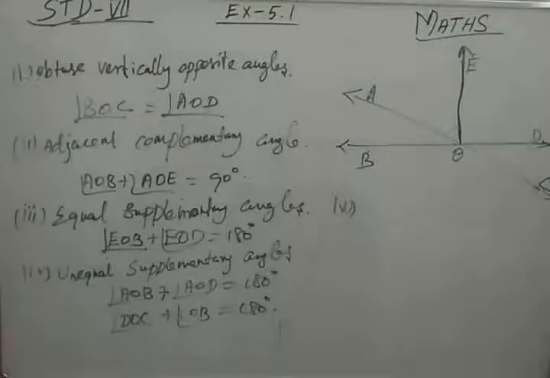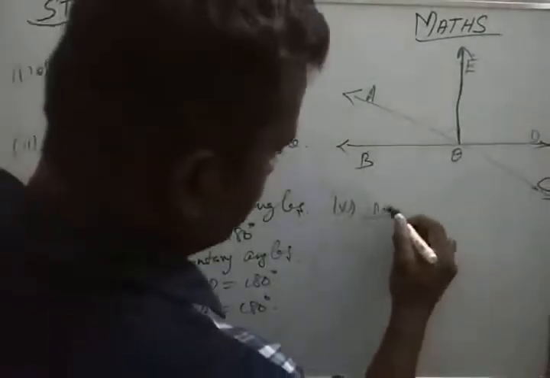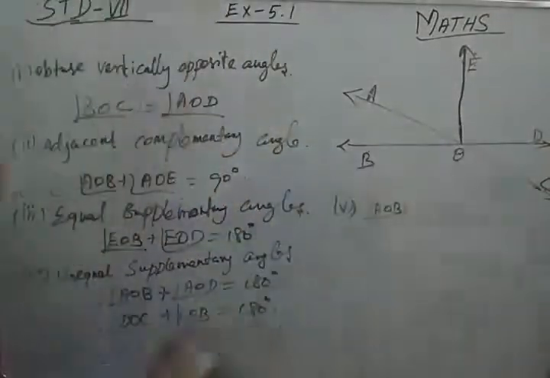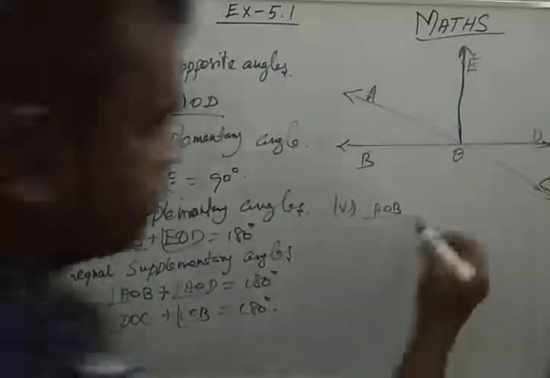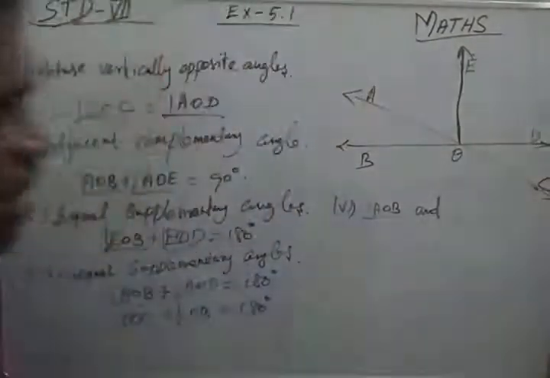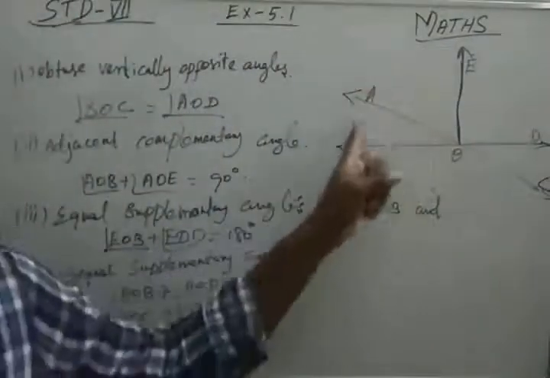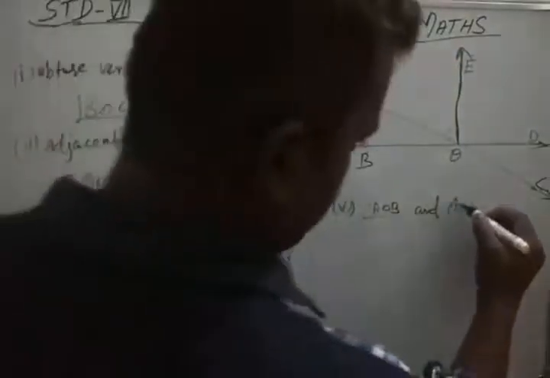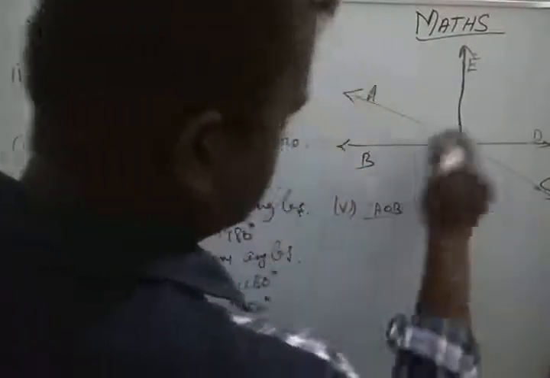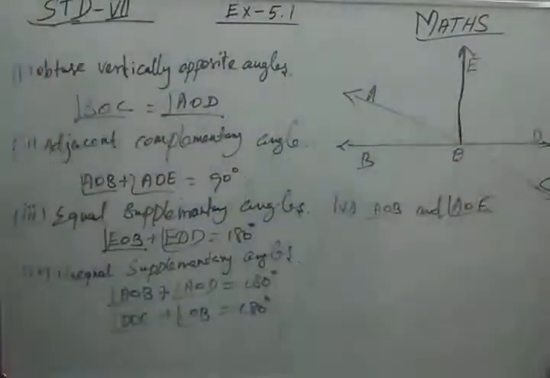That one is angle AOB, and angle AOB and AOE are adjacent angles, but they are not forming a linear pair.